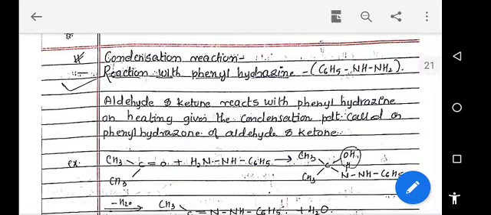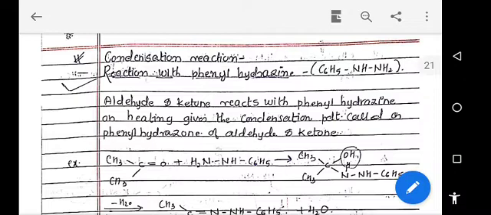In this case, the condensation, condense and removal of the water molecule. So the aldehyde and ketone always react with the phenyl hydrazine, because this is the condensation reaction of the phenyl hydrazine, that is C6H5NHNH2. C6H5NHNH2 is the phenyl hydrazine.